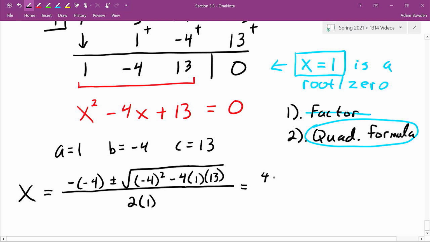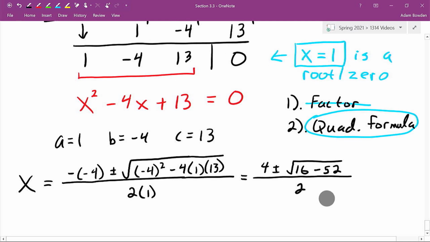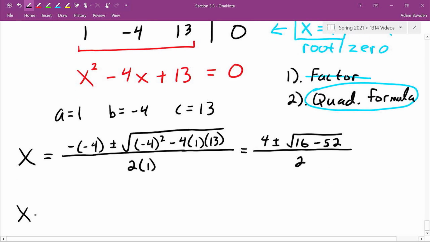Calculating this out, we'll turn to plus 4 plus or minus square root 16 minus 52, all over 2. Now we're looking into the square root and thinking, okay, we're getting a negative number. Because 16 minus 52, you get -36. And that's still all over 2.